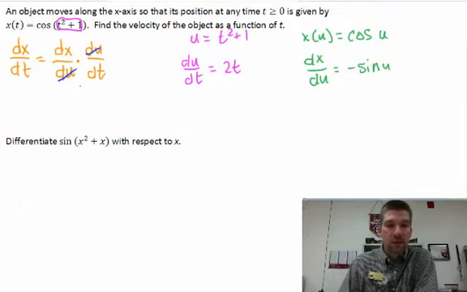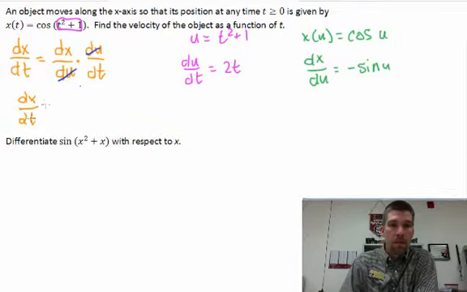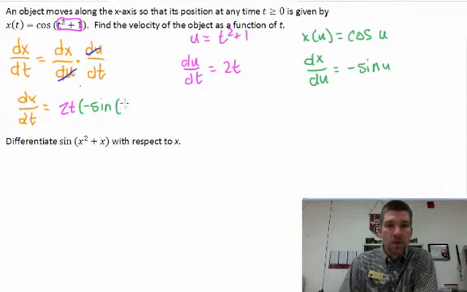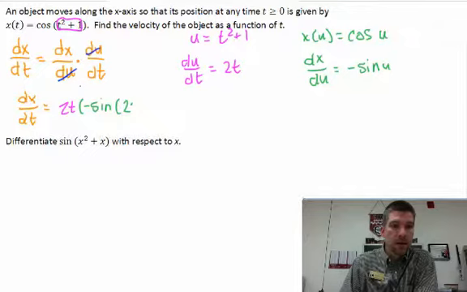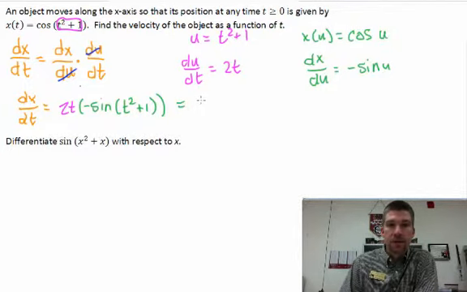Now we put those two things together, and we're going to end up with dx/dt equal to 2t times negative sine of u, which is t squared plus 1. So how would we look at this as our final answer? For our final answer, negative 2t sine of t squared plus 1 would be the velocity of the particle.